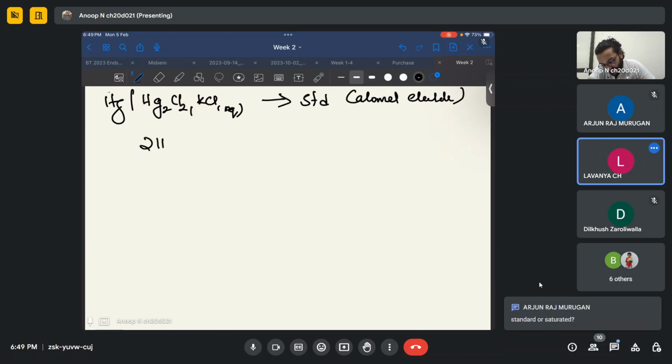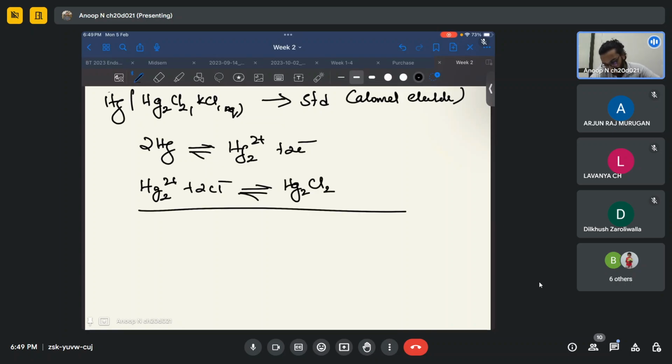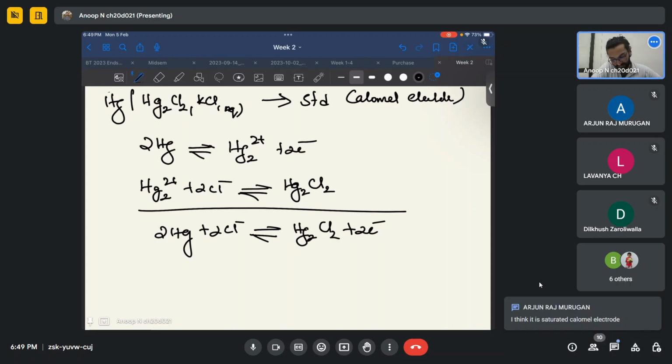Yeah, 2Hg reversibly gives Hg₂²⁺ plus 2 electrons. Then in the next step, this Hg₂²⁺ plus 2Cl⁻ reversibly gives Hg₂Cl₂. So the overall reaction is 2Hg plus 2Cl⁻ reversibly gives Hg₂Cl₂ plus 2 electrons. Fine.